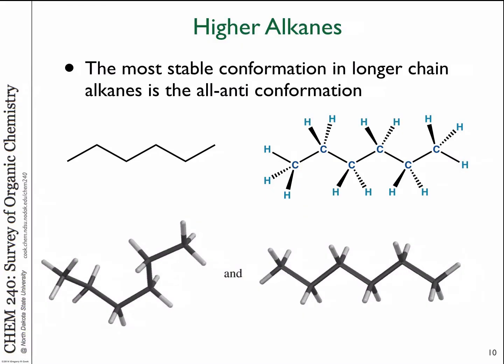So if you look down any 2 bonds in this molecule, here, here, if you were to look down this bond, you can analyze the rotations around any 2 carbon-carbon bonds in this molecule and look at those relationships. The most stable conformation for linear alkanes is this fully open, extended, staggered conformation like I've drawn here.